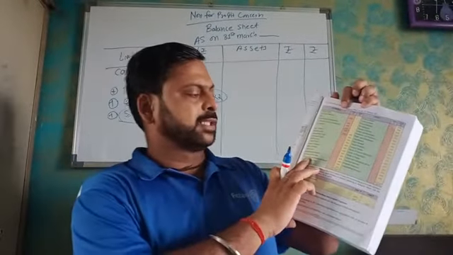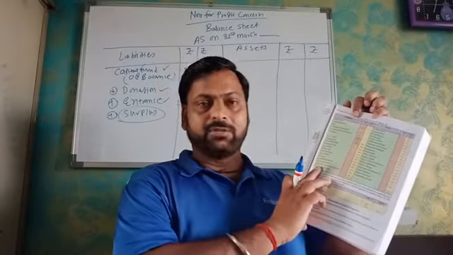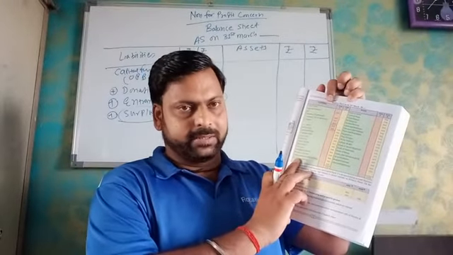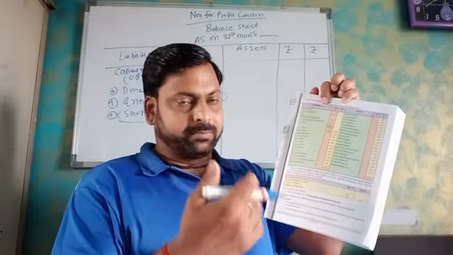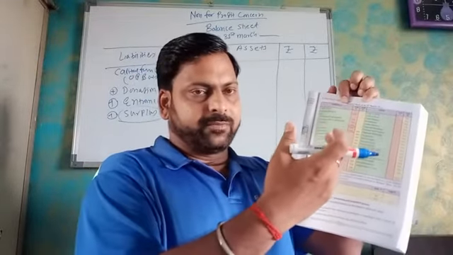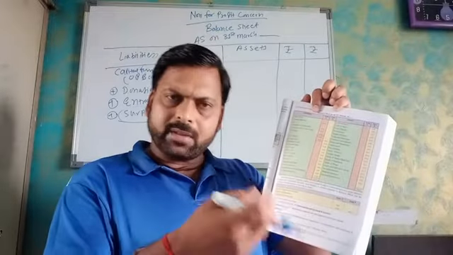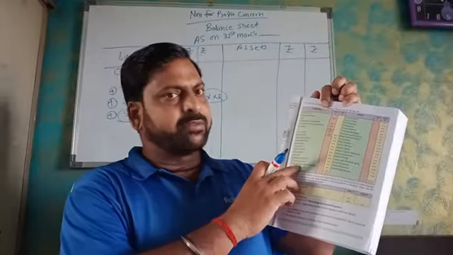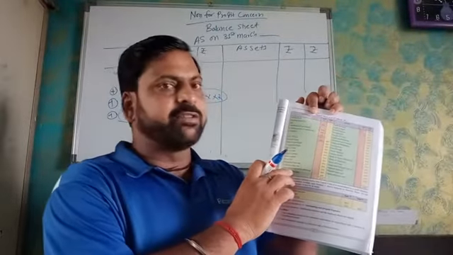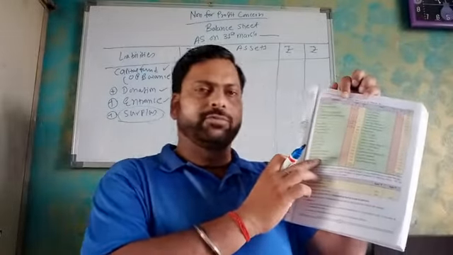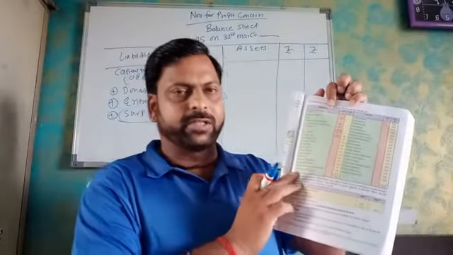Pre-received income means subscription received in advance. You know very well, subscription means membership amount. The public purchases membership from the club. It is called subscription, and sometimes members give it in advance. Now 2021 is going on. So some members are paying 21-22 for next year in advance, and they have given this year also.